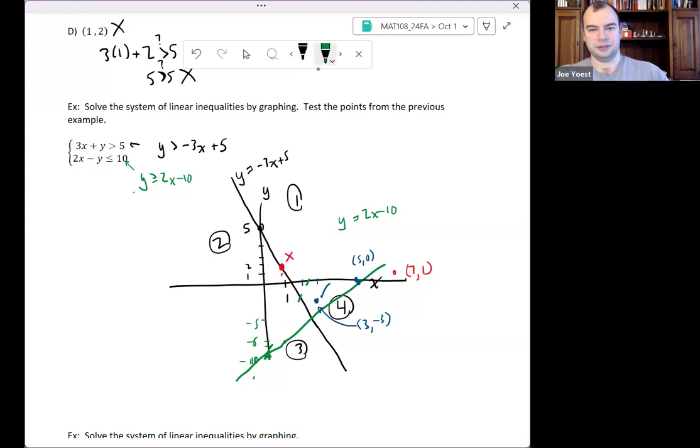Well, I don't actually have an equation here. I have an inequality. From the green equation's perspective, I'm looking for XY pairs that satisfy y is bigger than or equal to 2x minus 10. From the green line's perspective, I'm looking for points that are above the green line.